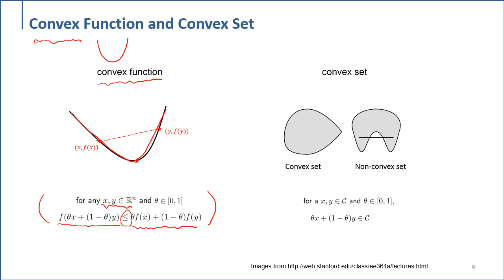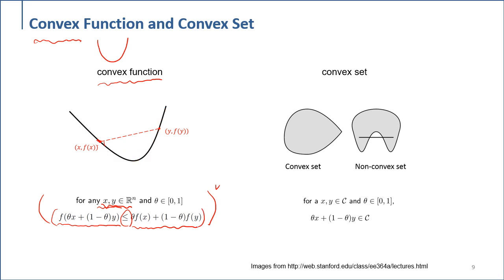So this dotted line represents the linear interpolation, and as you can see here, the function values are always smaller than or equal to this dashed line. This is the mathematical way of representing a convex function. For any x and y, if this condition is satisfied, we call it a convex function.